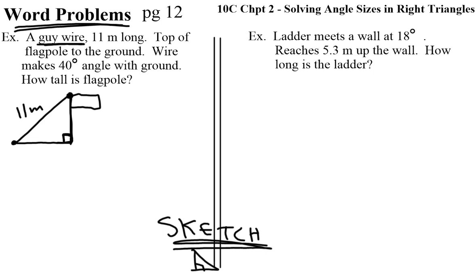Are all things stuck 90 degrees into the ground? Not necessarily, but I could make a question that gets ugly like that. Keep it simple with these. Now here's where the biggest mistakes can occur. The wire makes a 40-degree angle with the ground. This is frustrating. Here's your wire. Here's the ground.